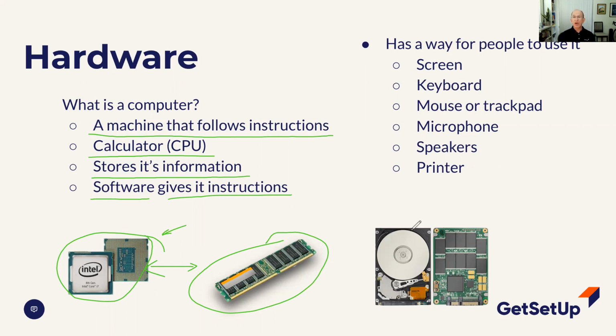Now, there's also a longer term type of storage, which is commonly called a disk drive. There is a type of disk drive that has a magnetic platter that rotates around. And there's a type of disk drive that has chips, similar to the RAM, but not quite exactly the same way.